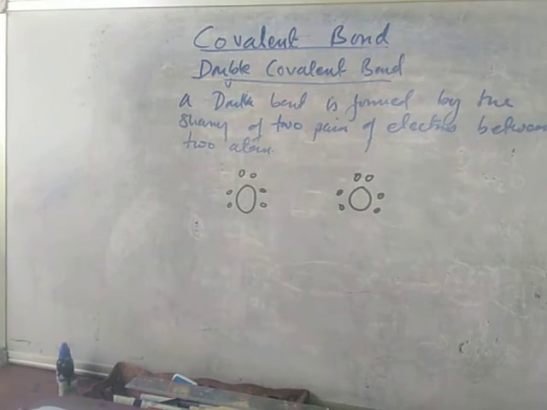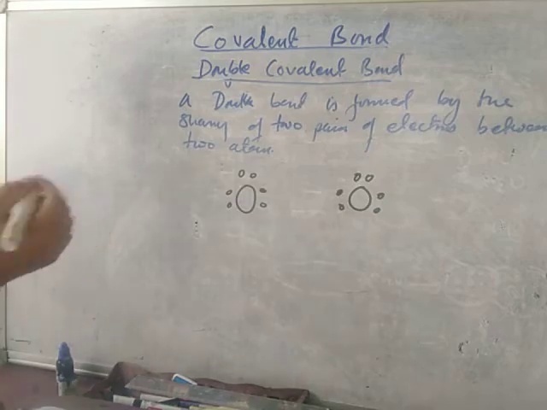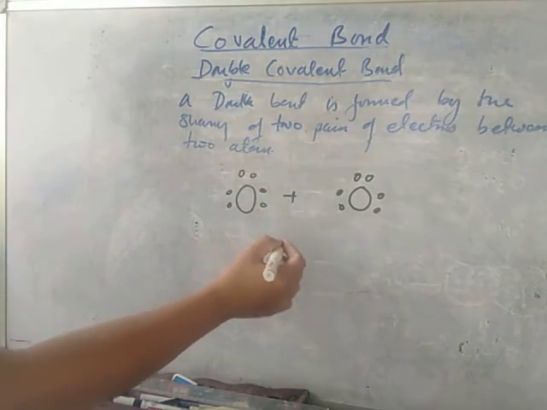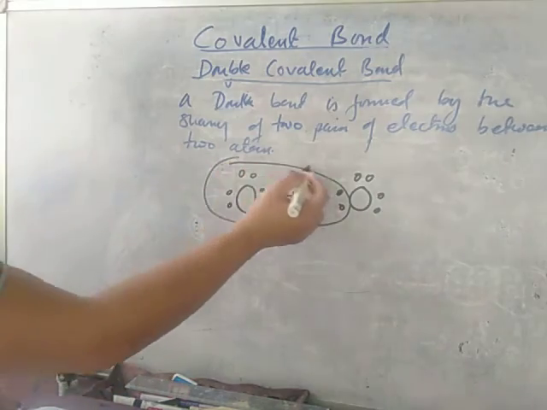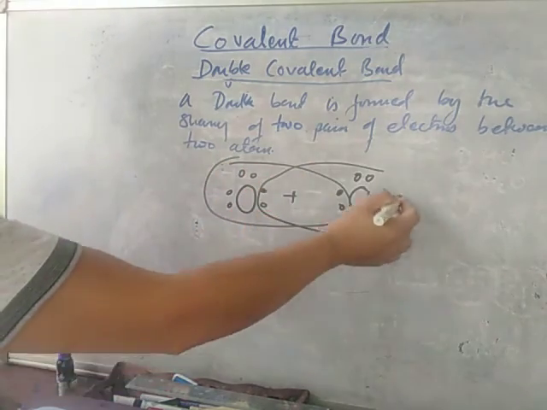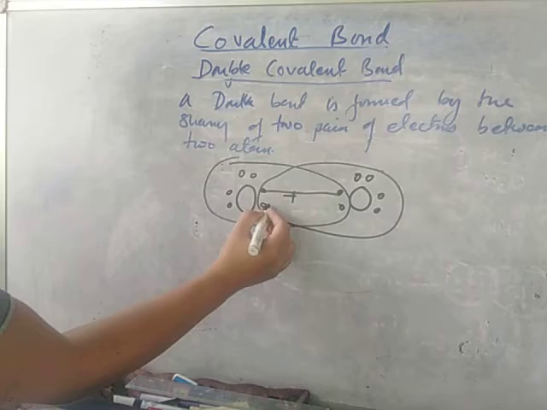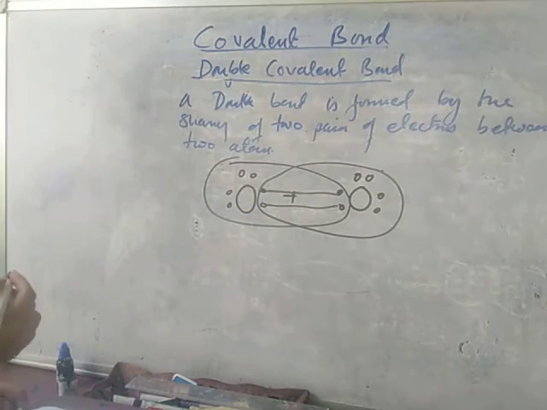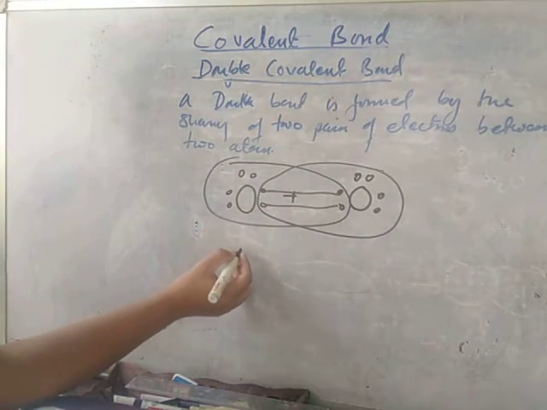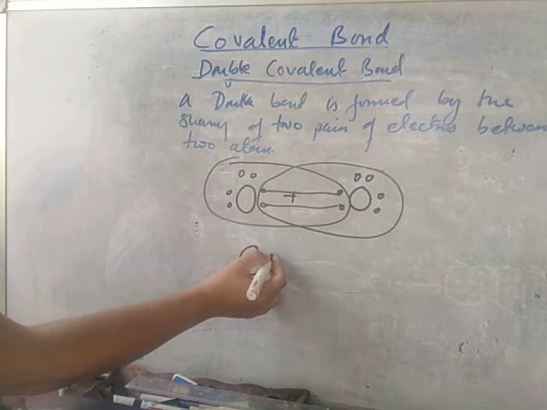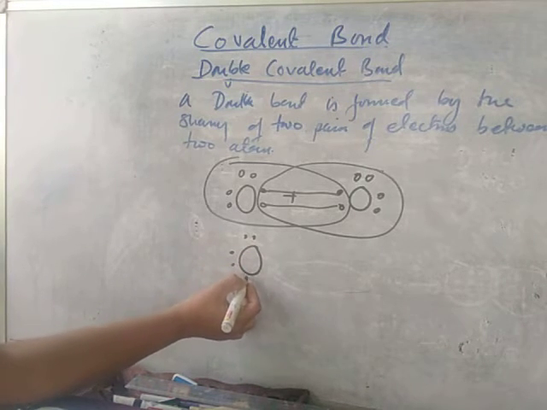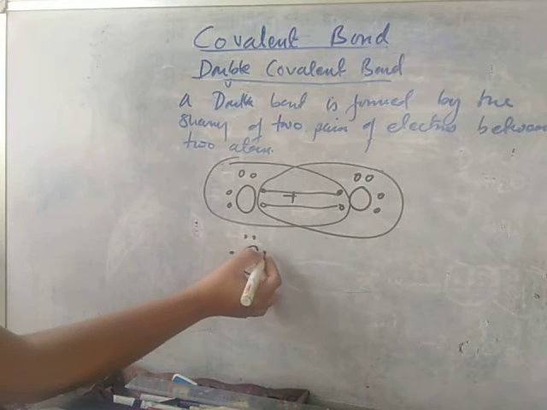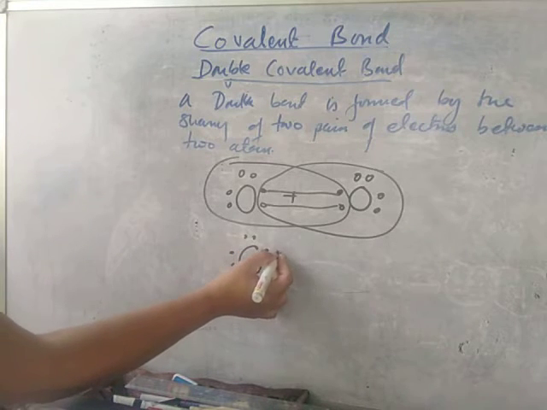This is our oxygen. If you add, they will share like this. So that is why it forms a double bond. Two pairs are shared. Let me do this one as it is. Share like this, 6 7 8.